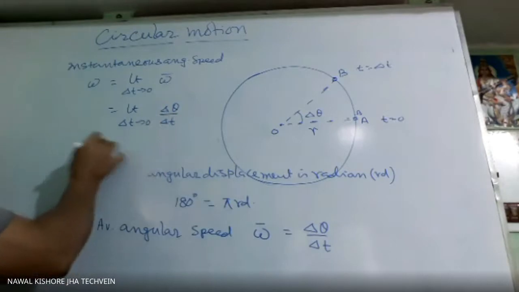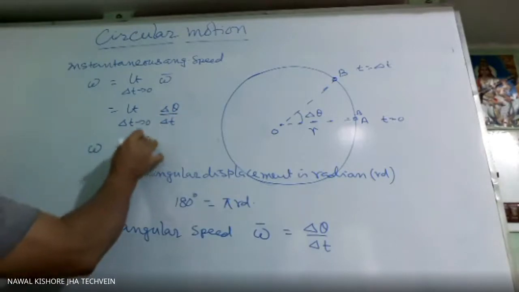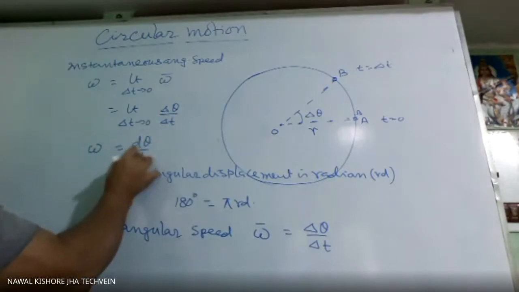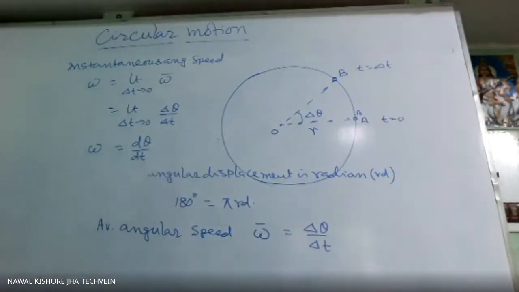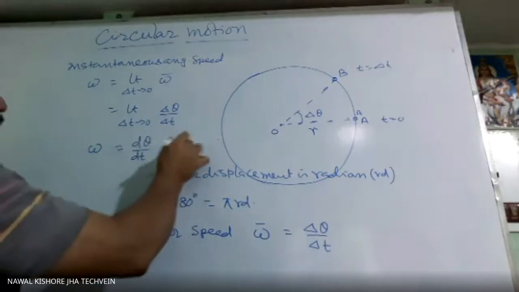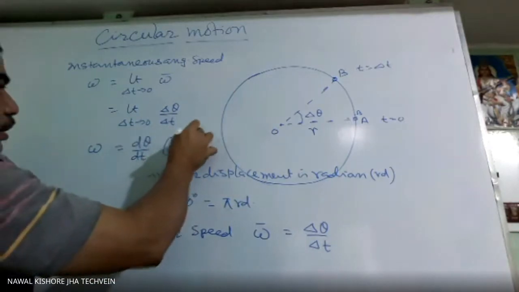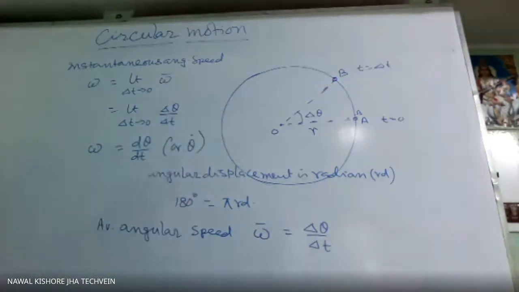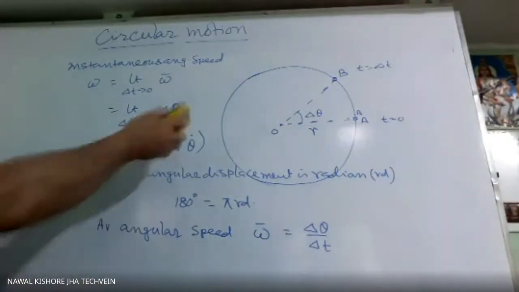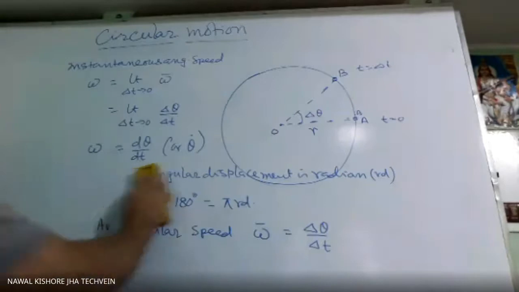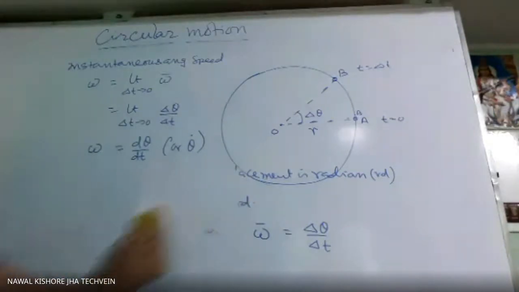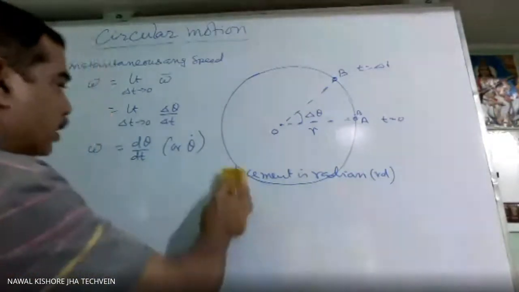So we write it like this, d theta by dt, or d by dt of theta. Or sometimes we write like this, theta dot, in the language of calculus, meaning you differentiate theta once.